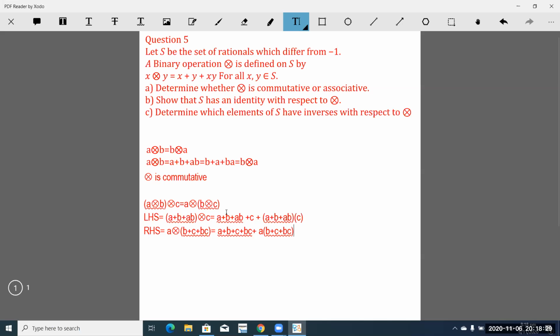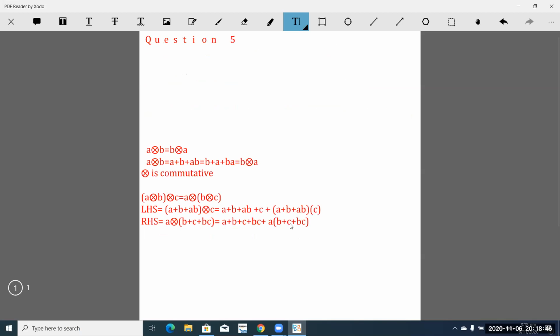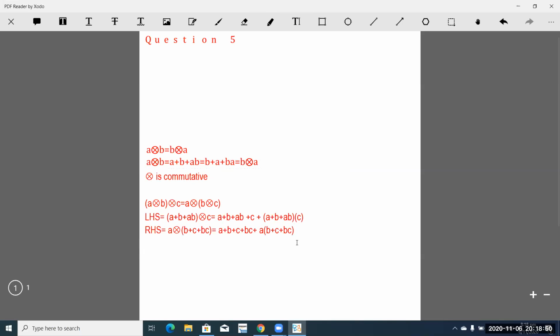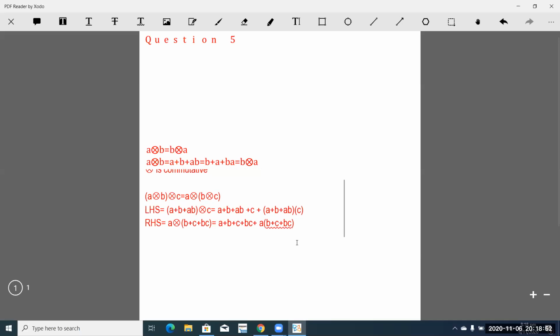This part is giving me A plus B plus AB plus C, and this is giving me A plus B plus C, but this right here is an AB and this right here is a BC. Can you see the difference now? Yes, sir. So it is not associative. So circle X is not associative.